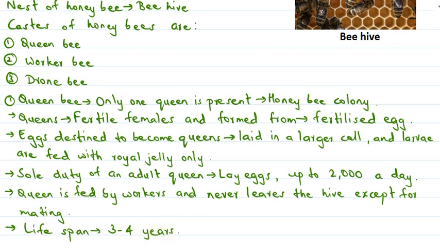When the colony is crowded with adult bees, the queen leaves with a set of workers, that is a set of worker bees, to establish new colonies and to promote propagation.